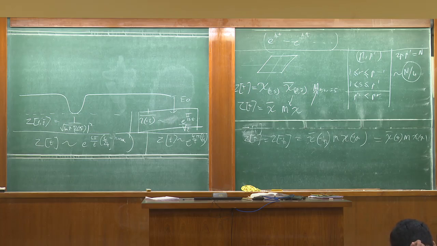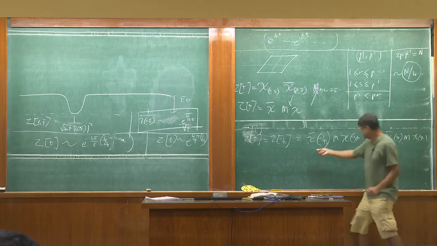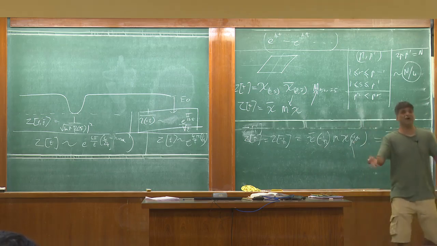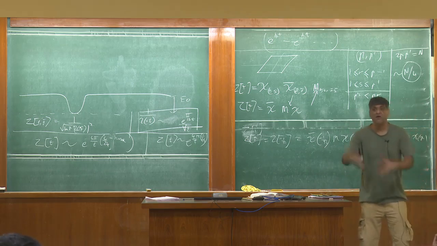Now, since every left moving part of the partition function can be written as some linear combination of chi of taus for allowed dimensions of minimal models, it must be true that each of these is some linear combination of chi of taus.